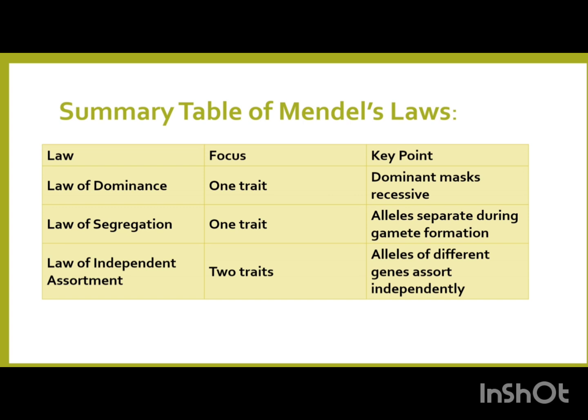This is the most important one, and in competitive exams the questions basically come from the F2 crosses with dihybrid ratios. These are two traits. When we talk about two traits, it is a dihybrid. When we talk about one trait, then it is monohybrid. So this is Mendel's law of segregation, law of dominance as well as independent assortment.